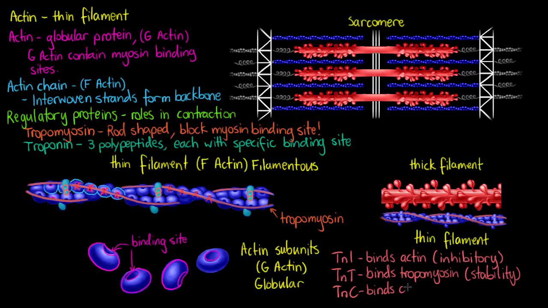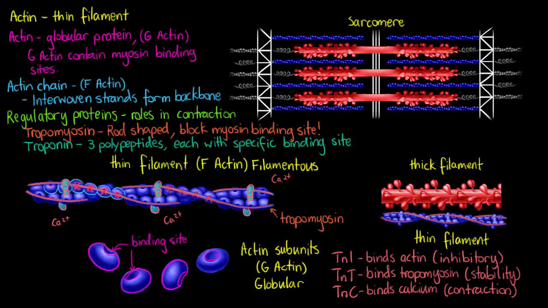Which is going to leave us with our last polypeptide, TNC. And TNC is going to bind calcium and initiate the events of contraction. So I'll put the TNC right on the top here, and we'll see it from underneath as well on the second actin chain. And we've got this Ca2+ floating around inside the cell, and it's going to be able to bind onto that TNC.